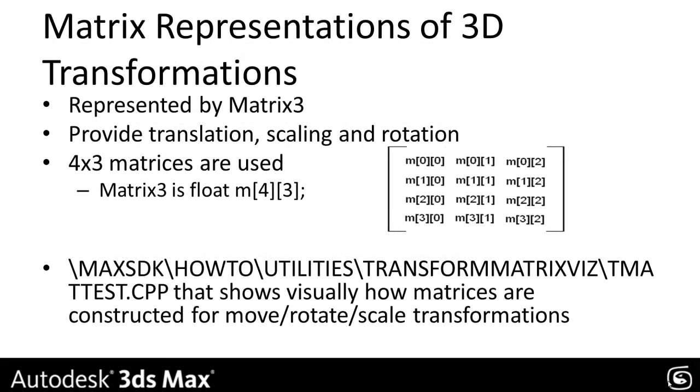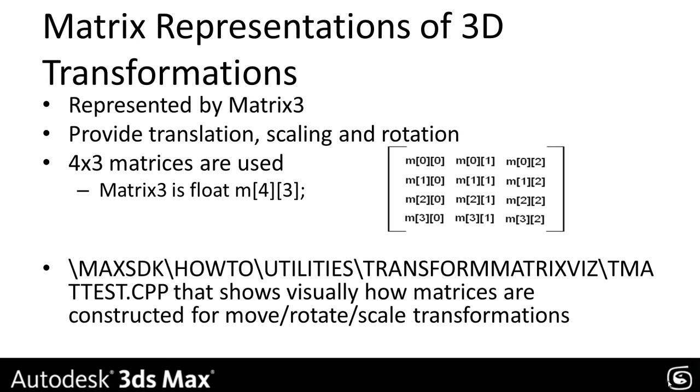So transformations are represented through matrices, and we have a data type called Matrix3, which provides the translation, scaling, and rotation components. It's a 4x3 matrix, so it's basically a float matrix of dimension 4x3.